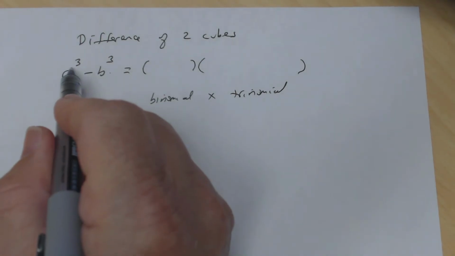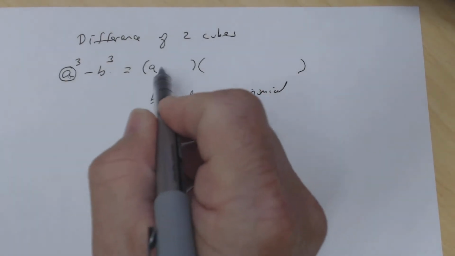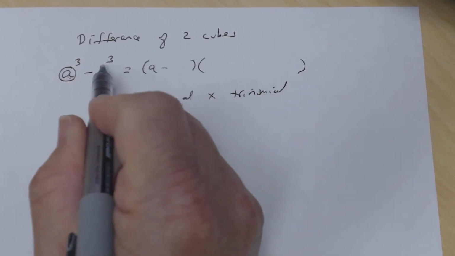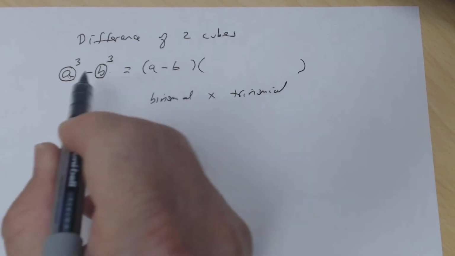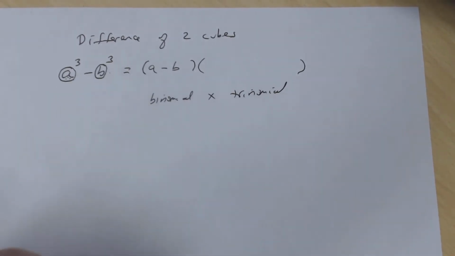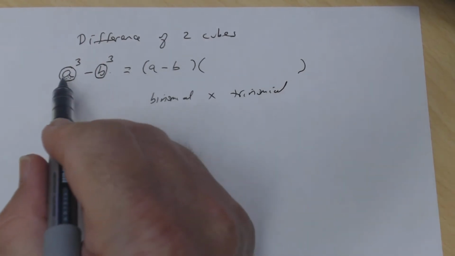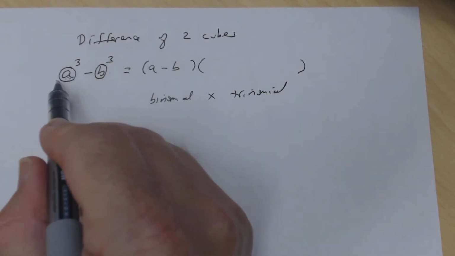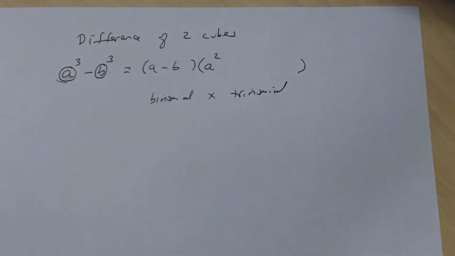So you're going to take the first base, which is a, minus the second base, which is b. So my binomial is a minus b. Your trinomial will be, I'm going to take my first base, which is a, and square it.